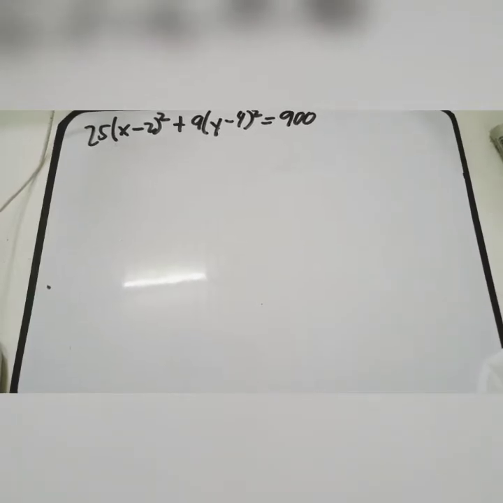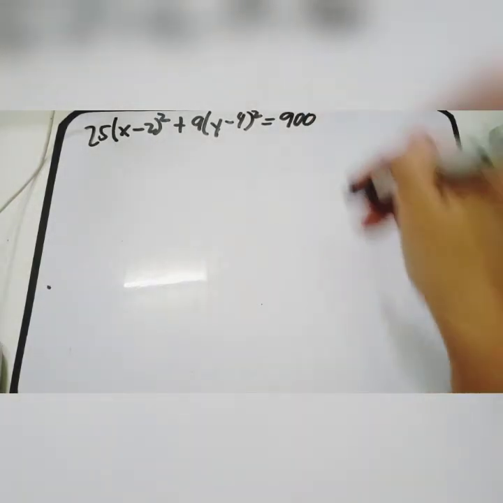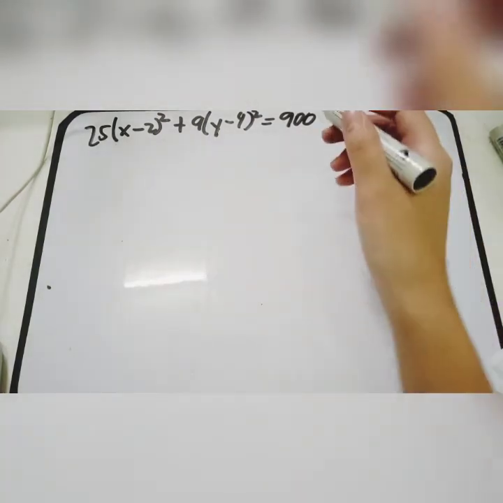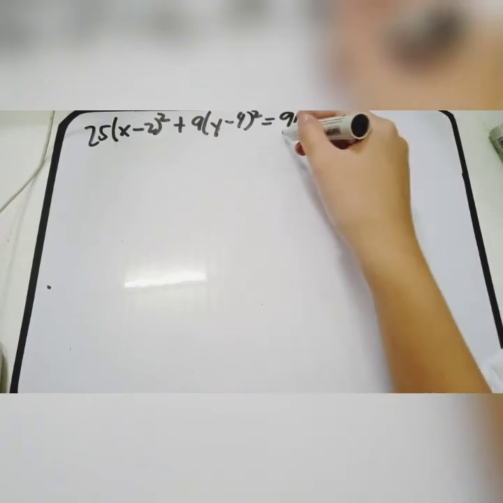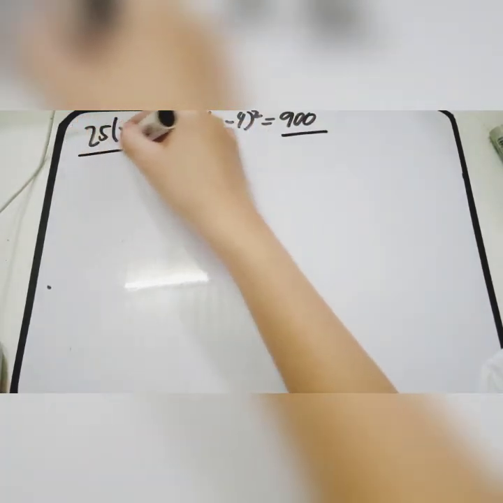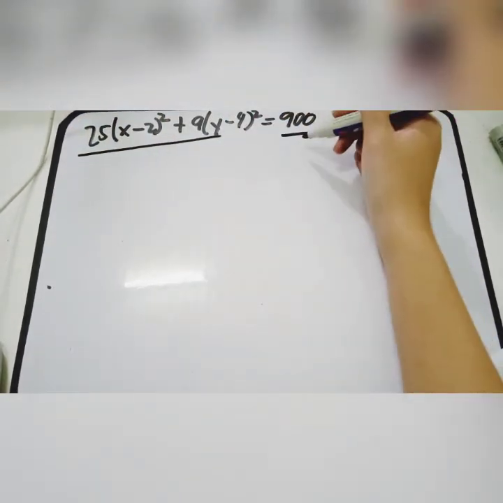Okay, another example. 25 (x minus 2) squared plus 9 (y minus 4) squared is equal to 900. So, paano naman pag ganito yung binigay na given sa inyo? So, first is we have to equate to the right side 1. So, divide both sides by 900. Kailangan natin magiging 1 dito sa right side ng equal sign.